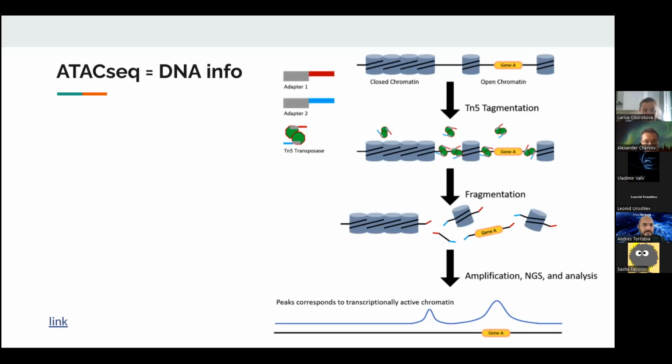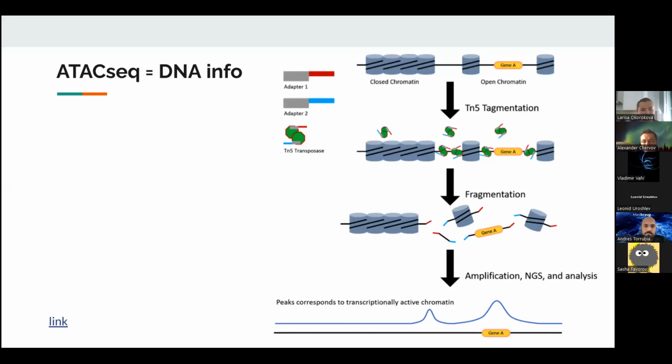So here is the biological picture. As far as I understand, there is a special enzyme. This is some substance which we put into the Petri plate. At first we extract the nucleus from the cells, then we put the enzyme, and this enzyme makes the fragmentation.